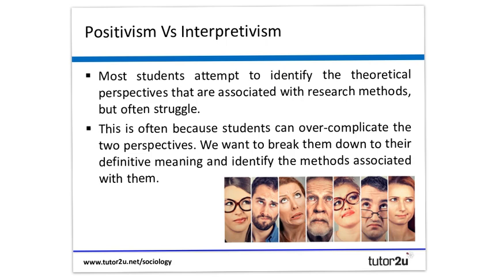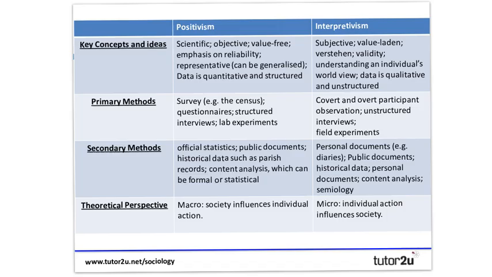This is often because students can overcomplicate the two perspectives. So what I'm going to aim to do right now is break them down and give a definitive meaning and identify the methods associated with each one of these types of theoretical perspectives. So it's about taking a quick snapshot and trying to understand them at a very detailed level.